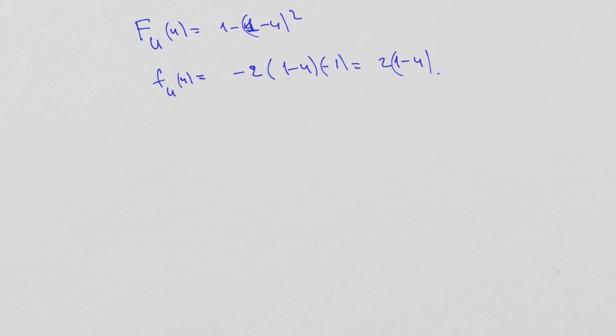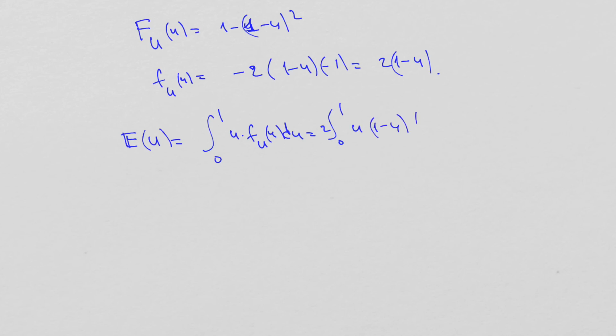Now we can find the expected value of u, which is the integral from 0 to 1 of u times f of u du, which is going to be 2 times the integral from 0 to 1 of u times (1 minus u) du. So this is the integral from 0 to 1 of u minus u squared du.